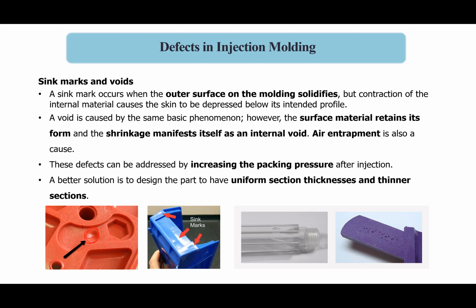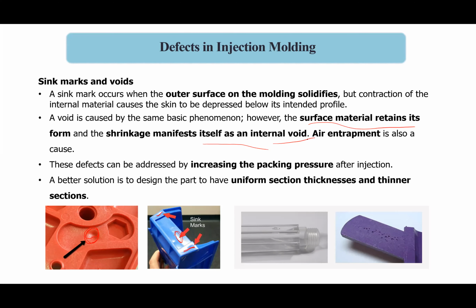Okay. And also sometimes you'll notice depressions in some places, something like this. It's because of the shrinkage. At first, the surface material retains its form, but the shrinkage manifests itself as an internal void.